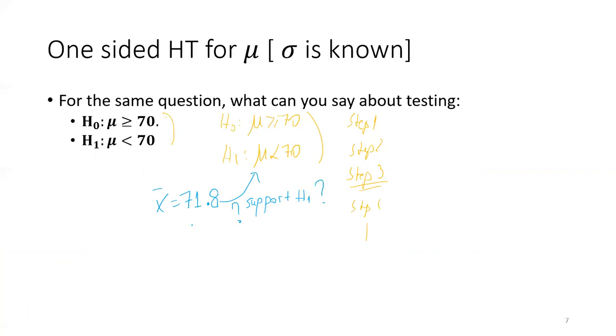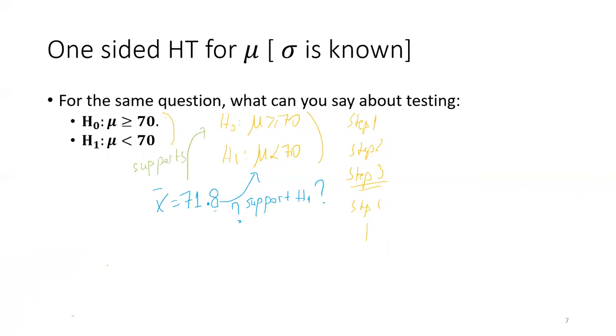By looking at 71.8, does it support the alternative hypothesis? Well, no. The alternative hypothesis says that mu is smaller than 70, but you have evidence which says that mu should be greater than or equal to 70. So in fact, it just supports the null hypothesis.